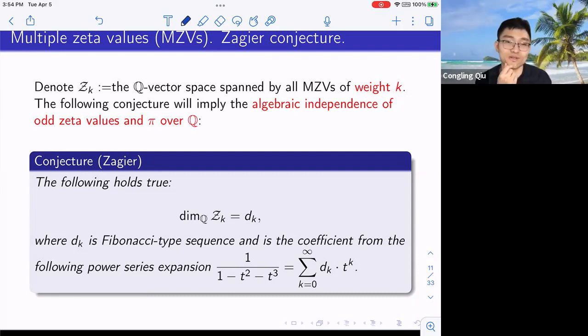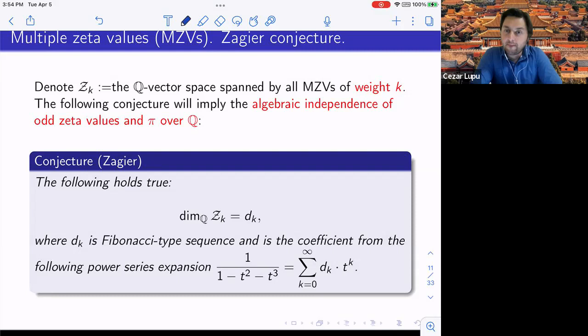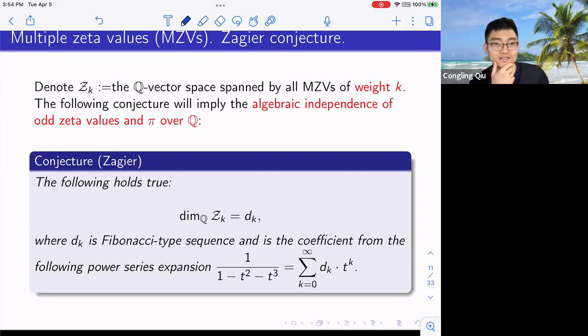So now probably I can ask this question. Is it true that the Q bar span and the Q span have the same dimensions? Say that again. Is it known or not? Is it proved or not?